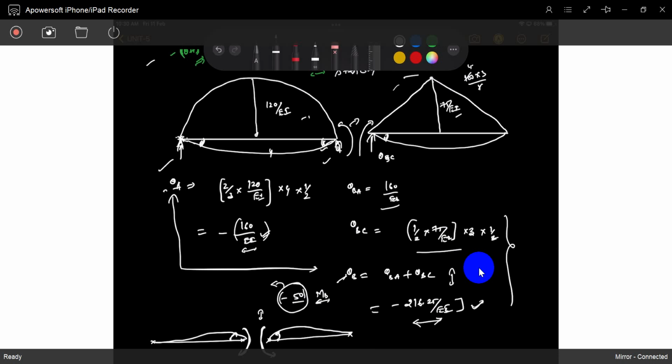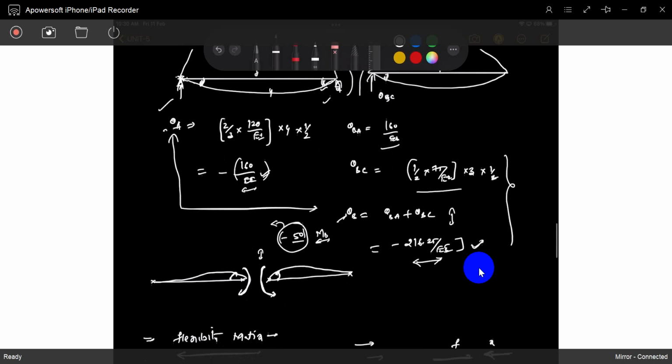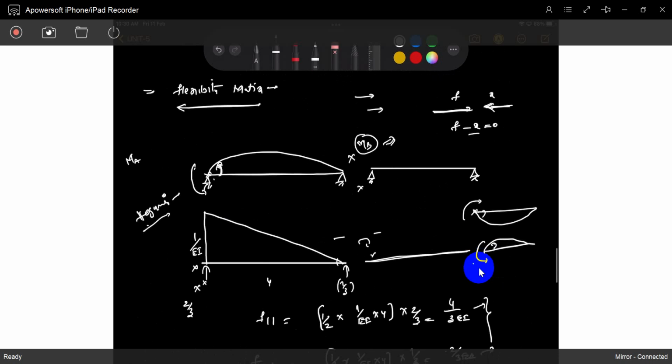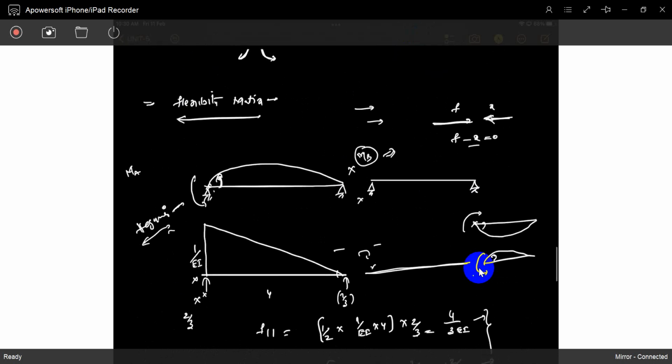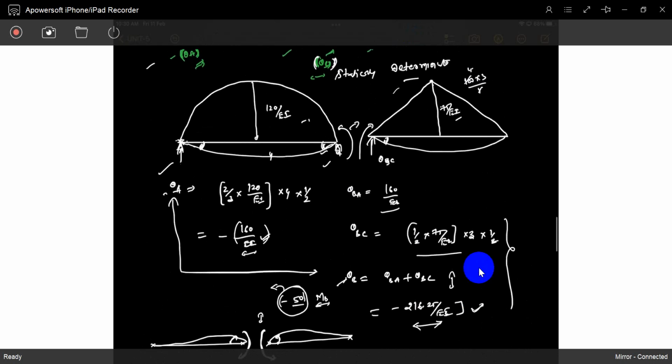If you take hogging direction, the flexibility matrix doesn't change. If you take this as hogging positive, and this is sagging, so either one is positive, either one is negative.